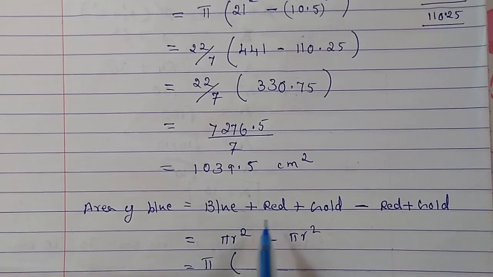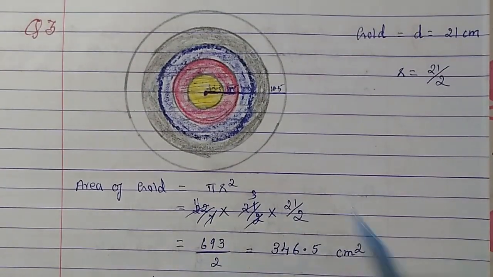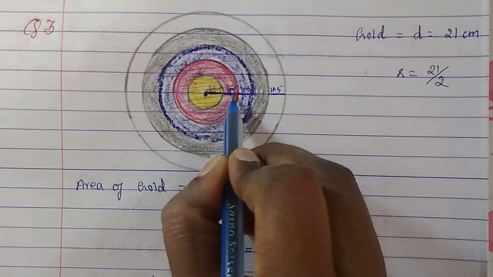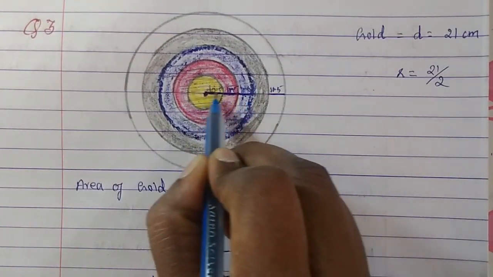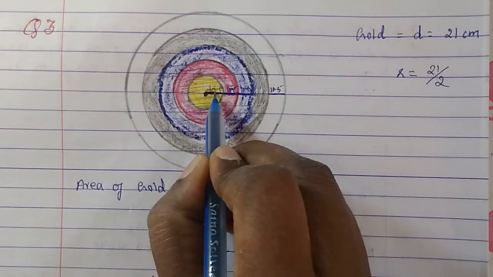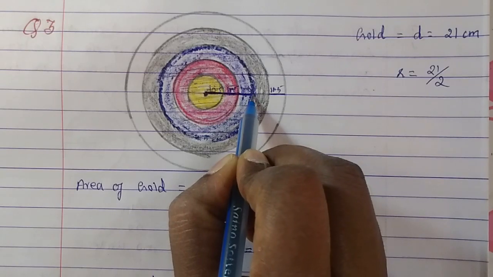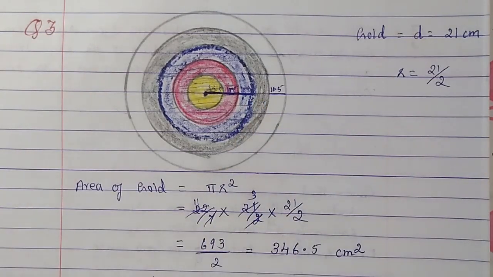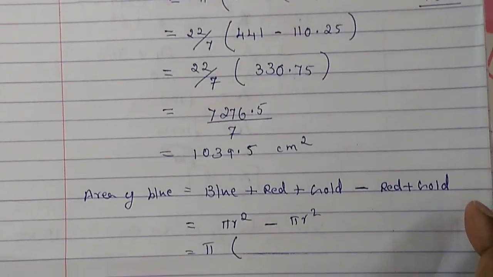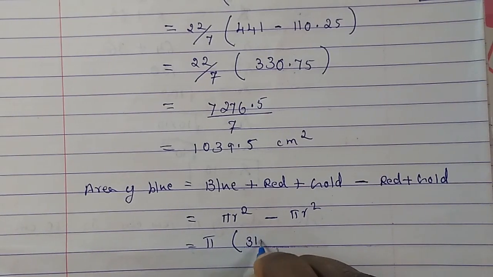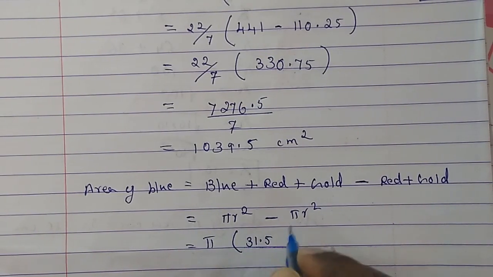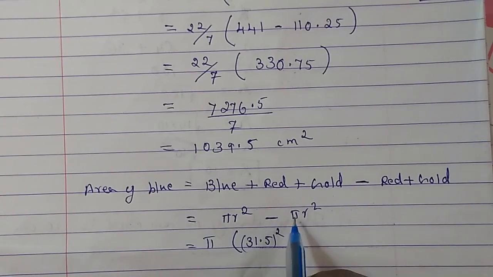Now the radius of blue, red, gold together will be 10.5, 10.5, 10.5. So the total will give us 31.5. So the radius is 31.5, squared, then minus, with pi taken out as common.